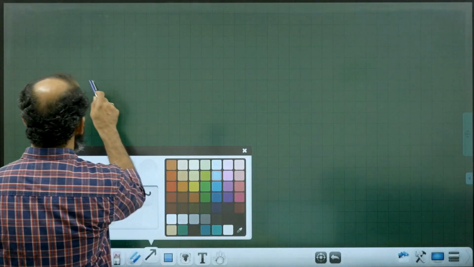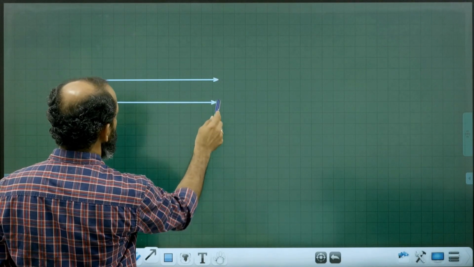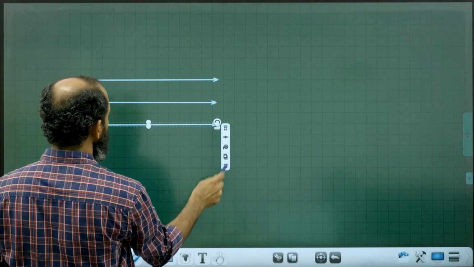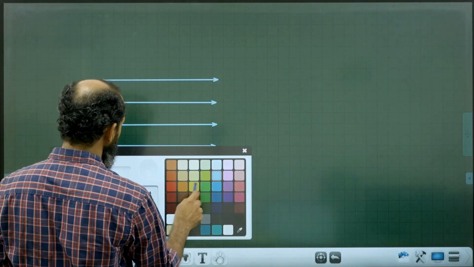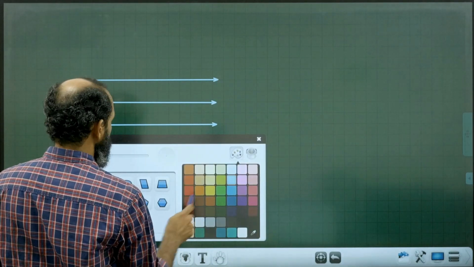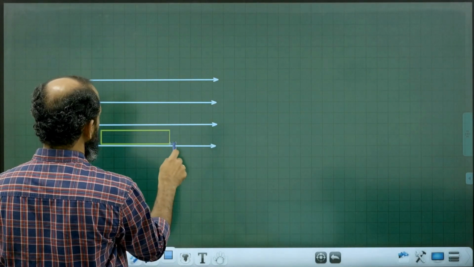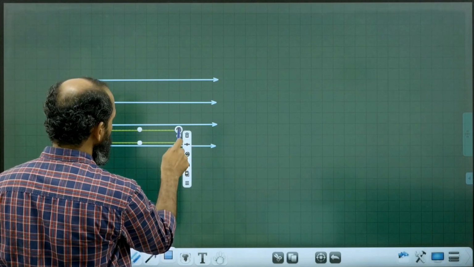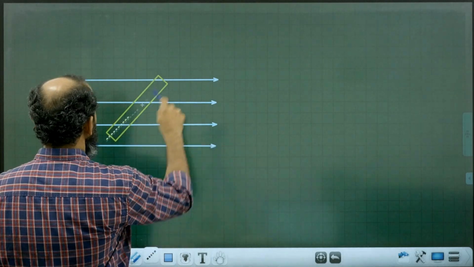Now, when this bar magnet or any magnetic dipole is kept in an external uniform magnetic field, we have learned that it experiences a torque. If you keep it like this, it experiences a torque.